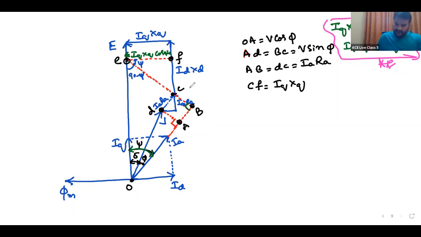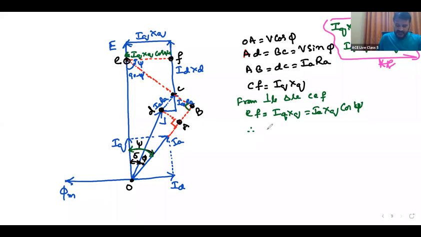From right angle triangle CEF, EF is equal to I_a X_q cos psi.